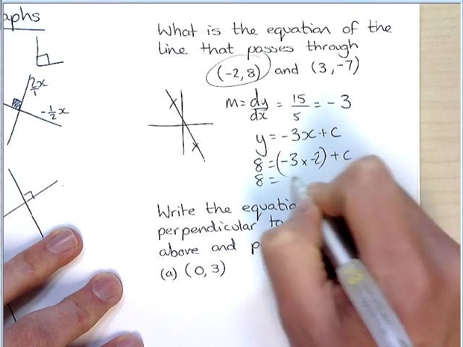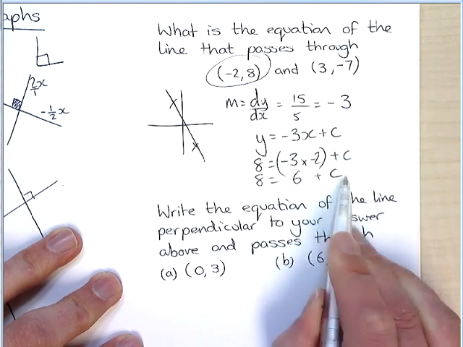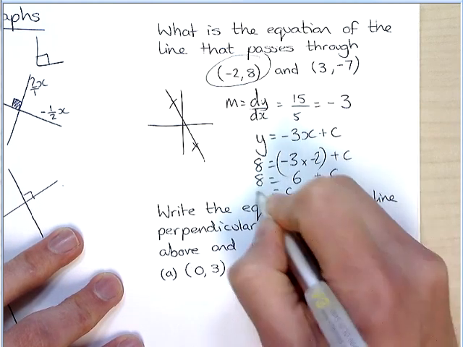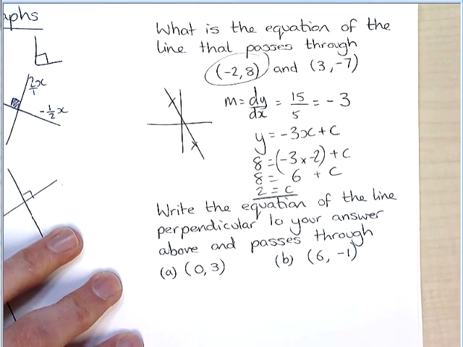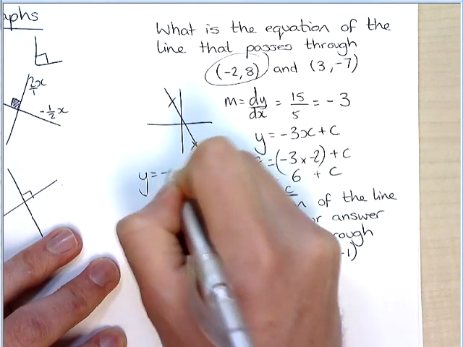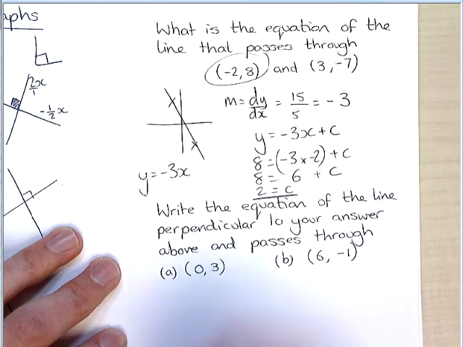So 8 is 6 plus something. That something must be 2. So the equation of the line that goes through here is y equals minus 3x plus 2. It's got a negative 3 gradient and a y-intercept of 2.